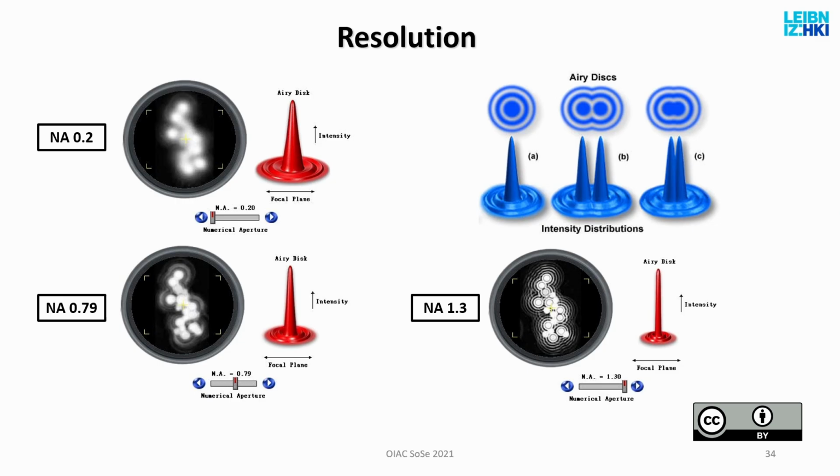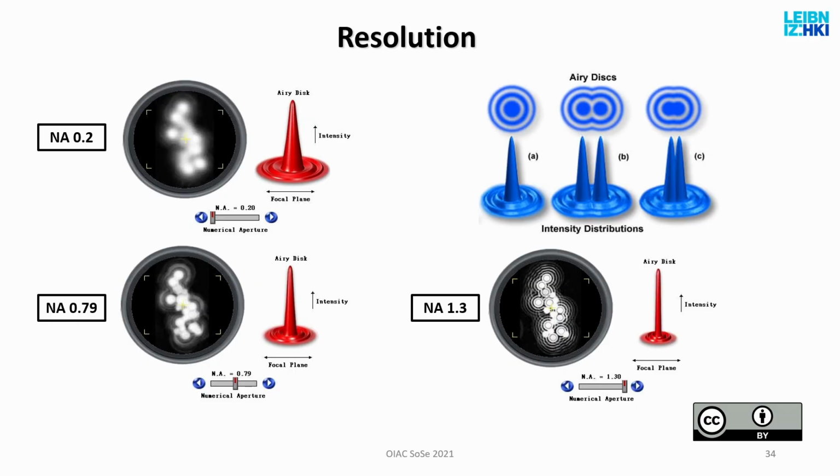Okay. So in this case, I cannot resolve the sample. In this case, I can. It's not optimal. There is no full separation, but from comparing the Airy patterns, I can say that I can count, in this case, how many molecules there are. I have no idea here.